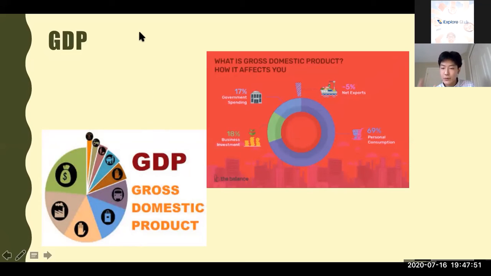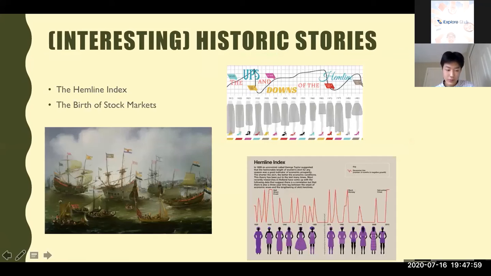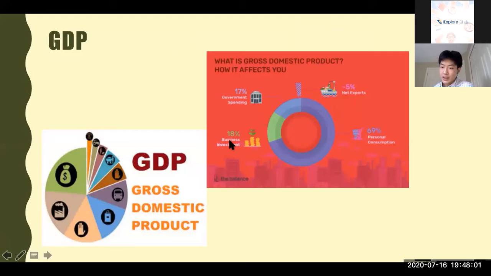So you add the first three together, and you subtract the last one from them. Which means you add consumption, government spending, and investment together. And these are all gross domestic product, because as you can see on the chart on the right, personal consumption is basically the money you have spent on buying things.